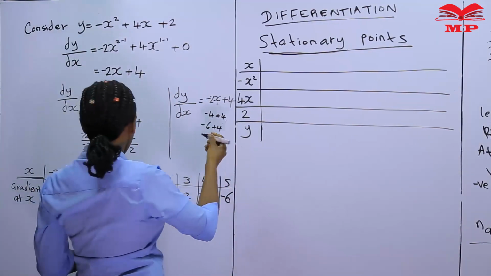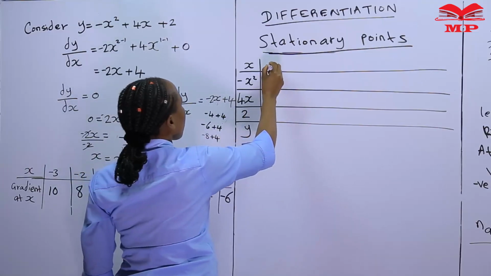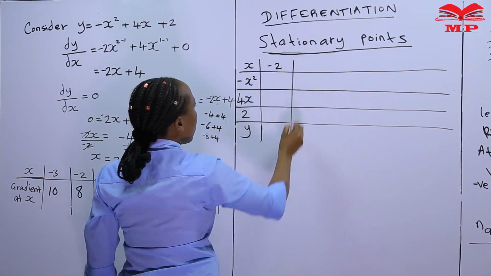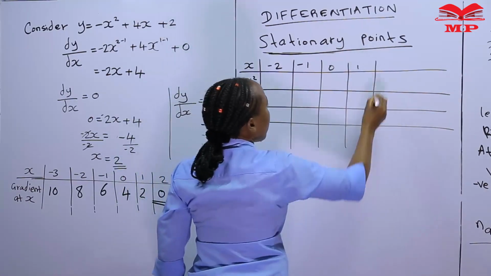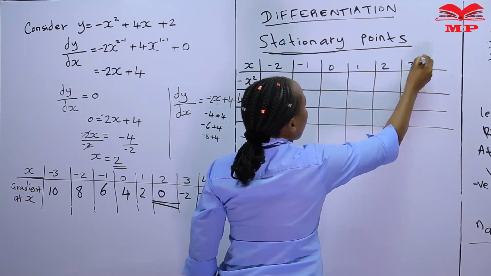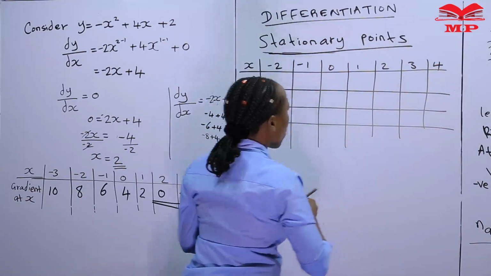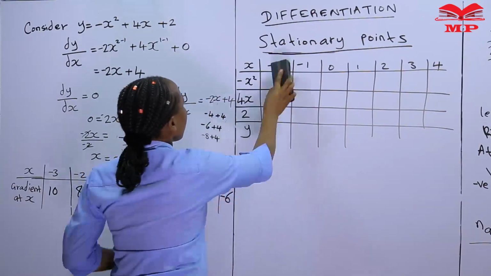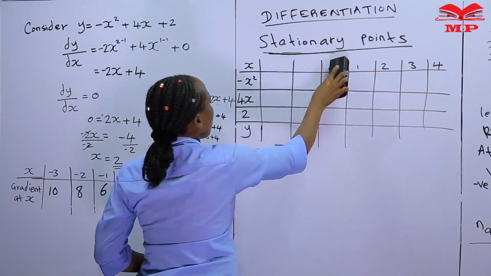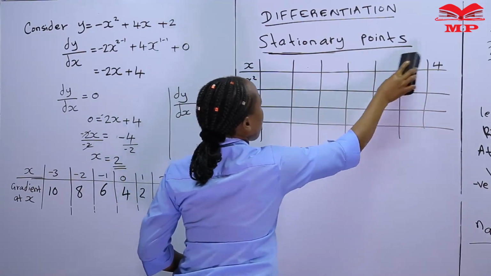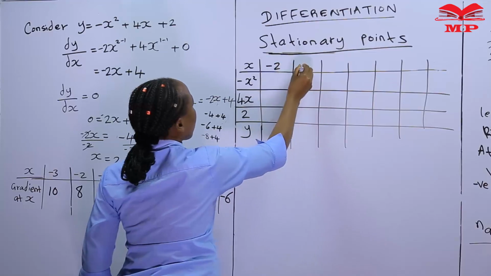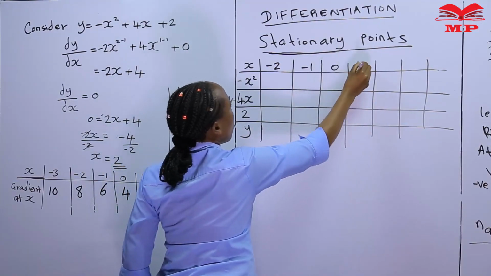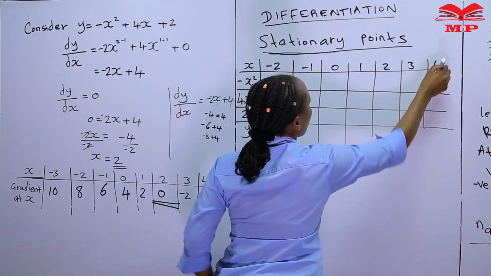So we can start with the values, for example from -2, -1, 0, 1, 2, 3, 4.